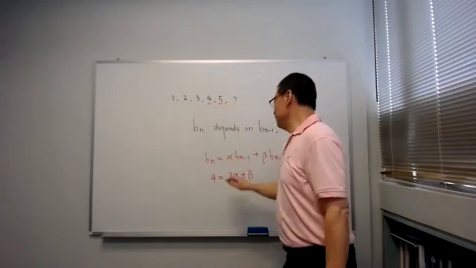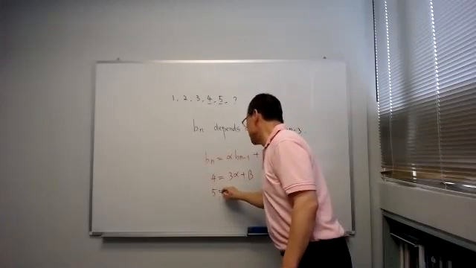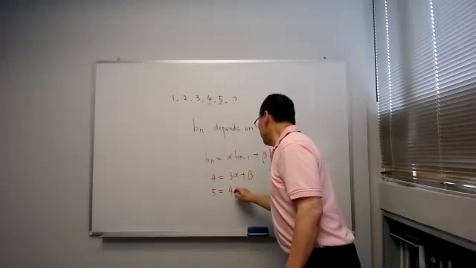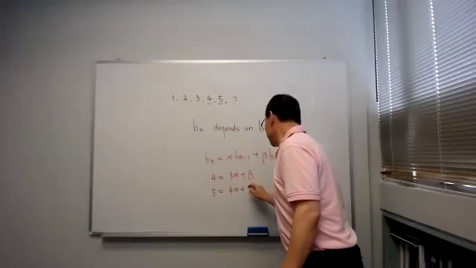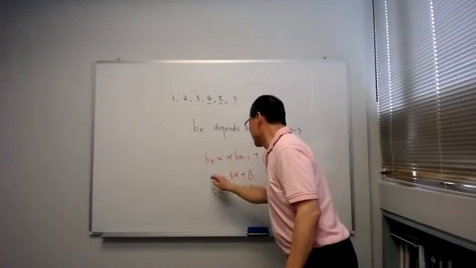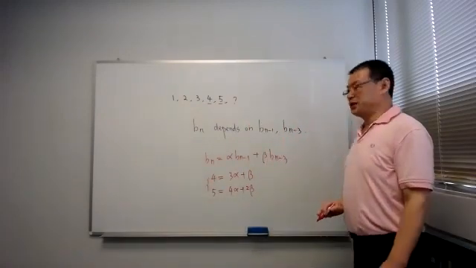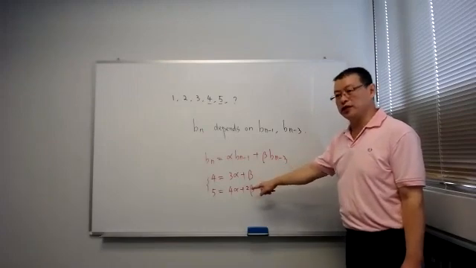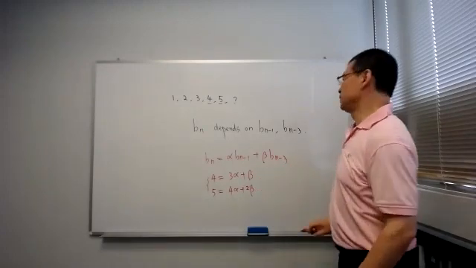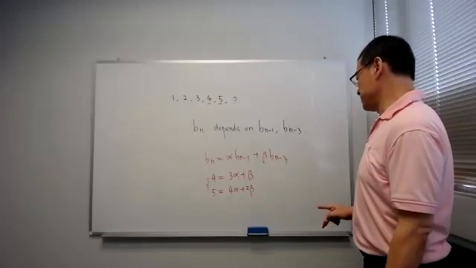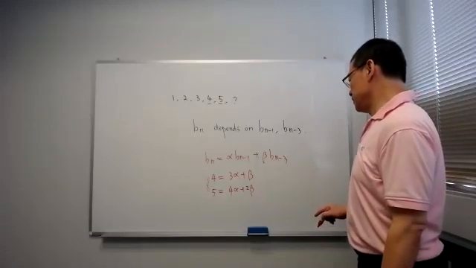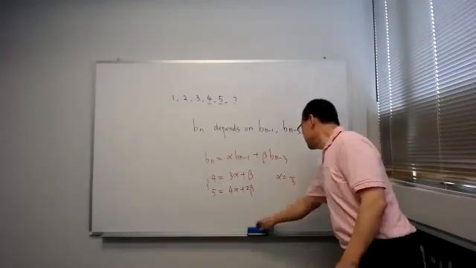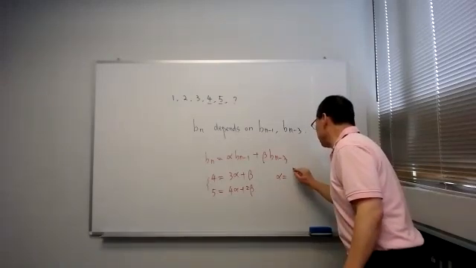When we look at 5, it equals 4 alpha plus 2 beta. So we can uniquely solve this equation. In this case, this equation has a unique solution. Alpha equals 2, that's the value of alpha.